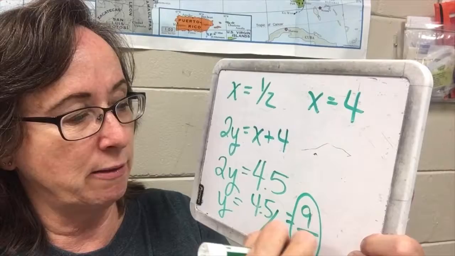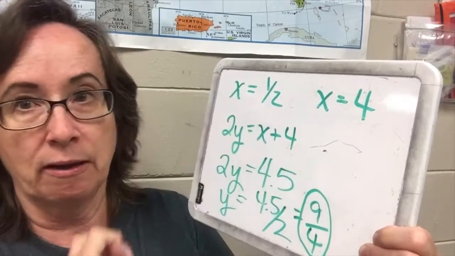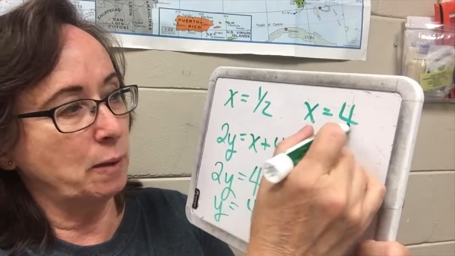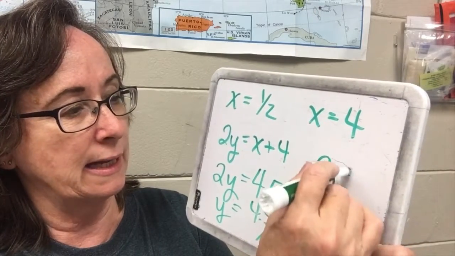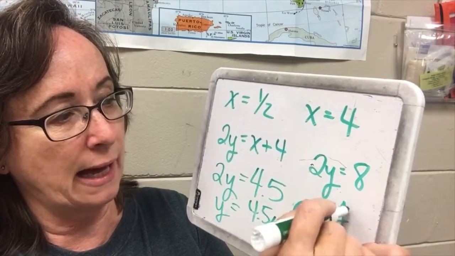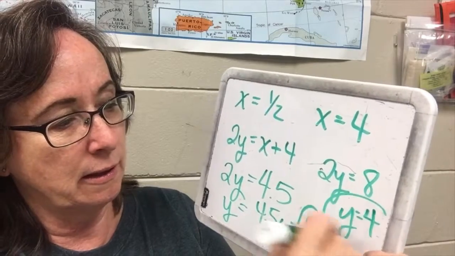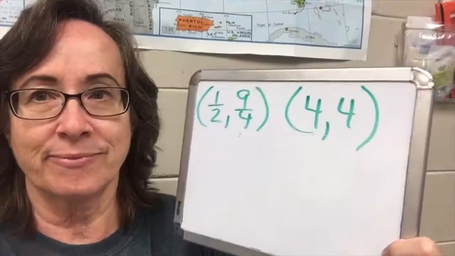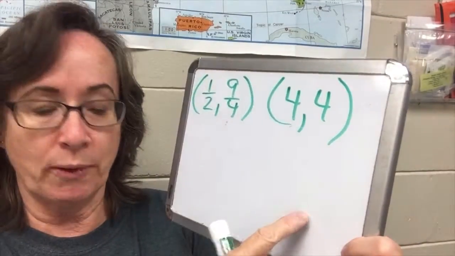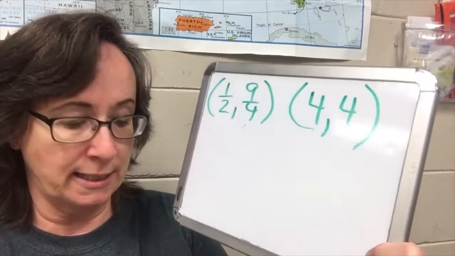That's the y that goes with 1/2. And then we plug in a 4 right there, and we get 2y is 8, or y is 4. Okay, so let's get our points a little clearer now.